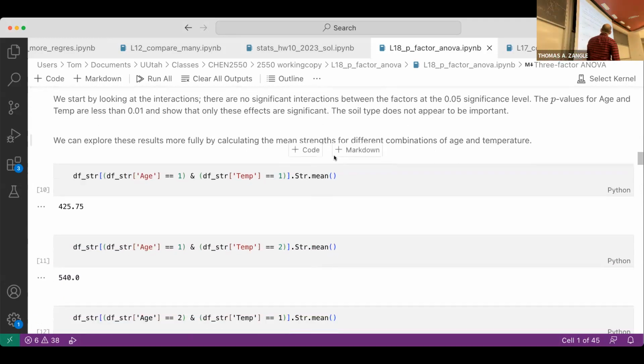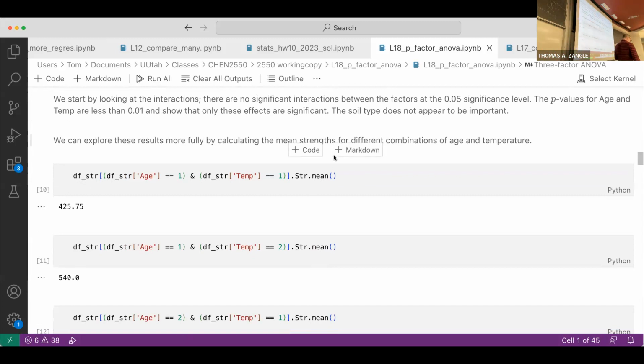So one thing we can do, now that we have this higher dimensional data set, is that a lot of what we're going to talk about with 3-factor ANOVA is about trying to reduce that dimensionality so we can see a little bit more about what's going on. The interaction plot, for example, is one way where we did that, where we would just do one set of axes at a time.